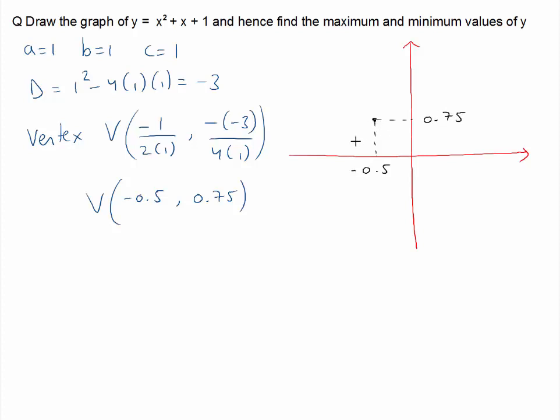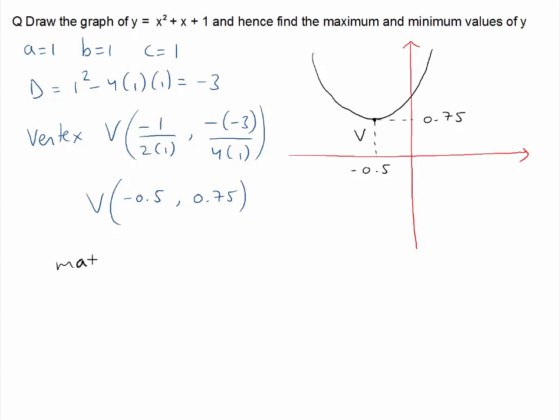So this is the vertex V. Now we need to draw an upward parabola, so it would be like this. We can clearly see that this parabola does not intersect the x-axis because d is less than 0, meaning it does not have any real root.